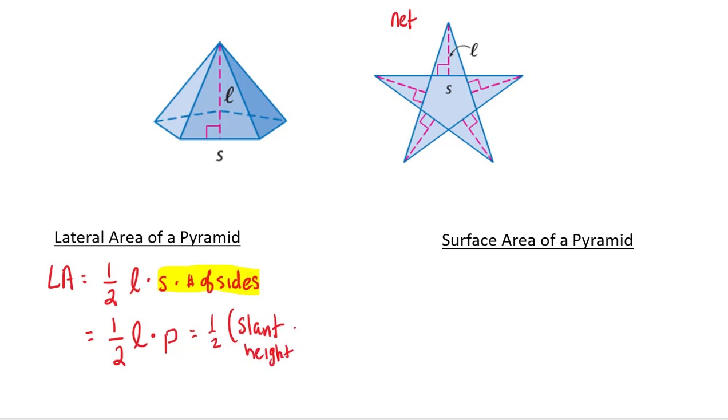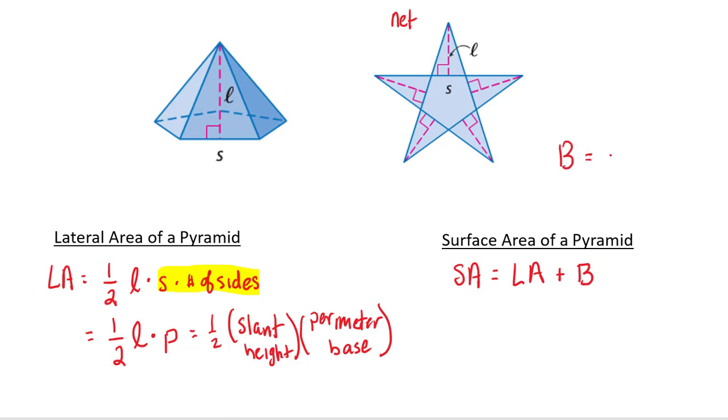One half the slant height, times the perimeter of the base. Now the surface area is going to be whatever my lateral area is, plus B. Remember, B is standing for the area of the base.